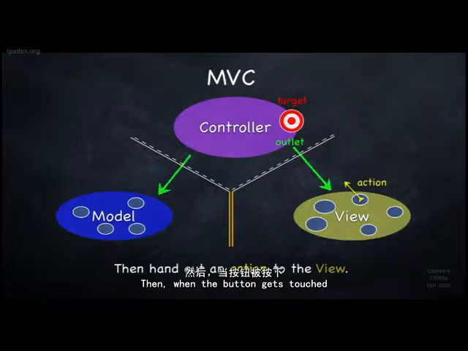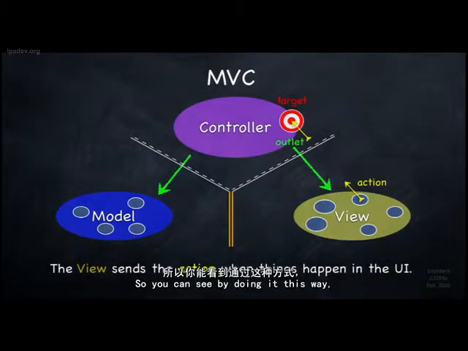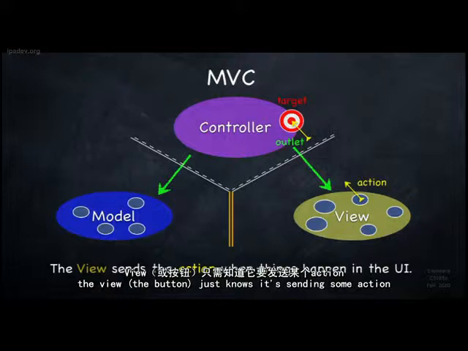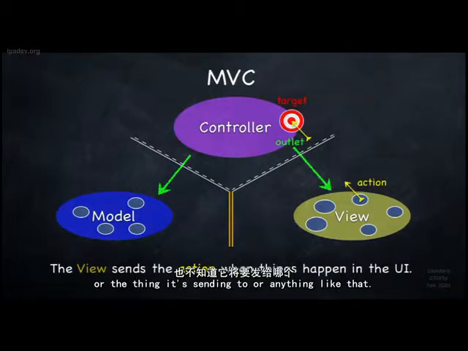Then, when the button gets touched or the slider gets moved, this action gets sent to the target. So you can see by doing it this way, the view, the button, just knows it's sending some action to some target. It doesn't know anything about the class of the thing it's sending to.